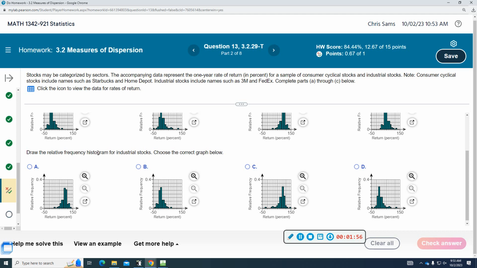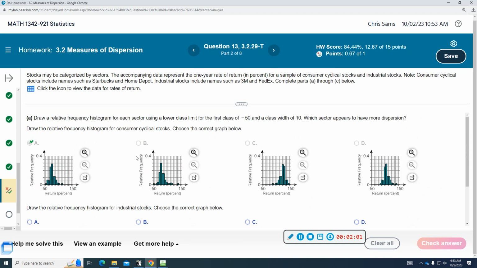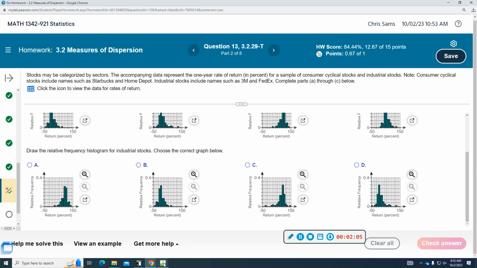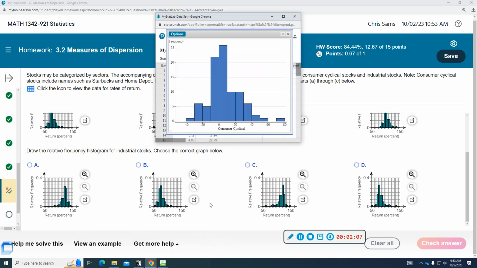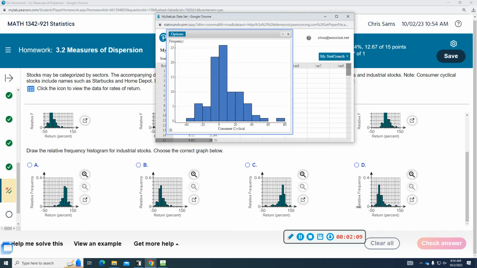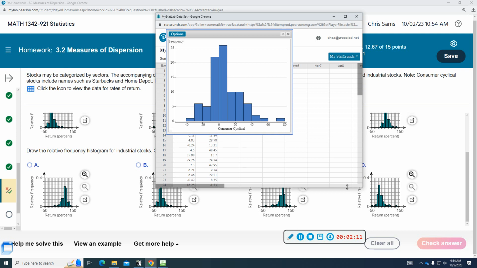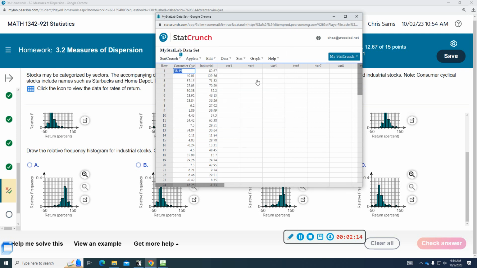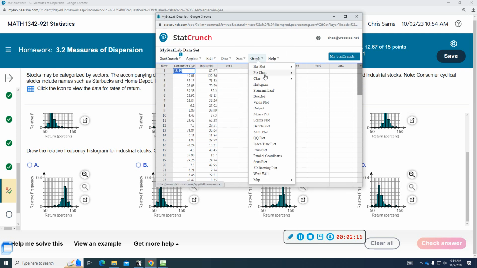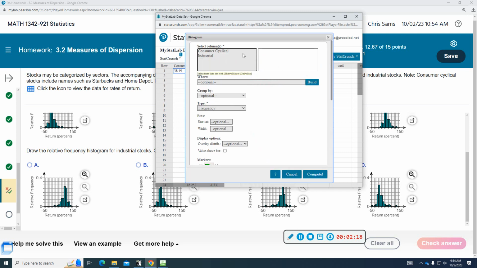All right, we're going to draw the relative frequency histogram for industrial stocks. So first we did cyclical, now we're going to do industrial. So I'm going to come here again. I'm going to close that one. I'm going to go graph, histogram.